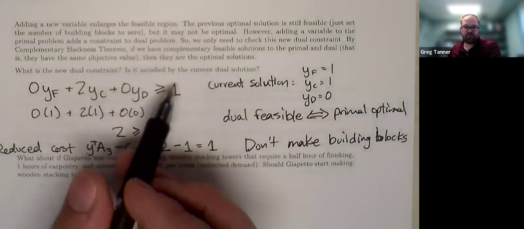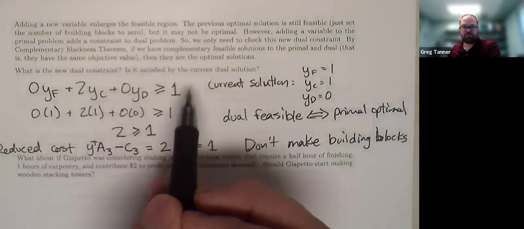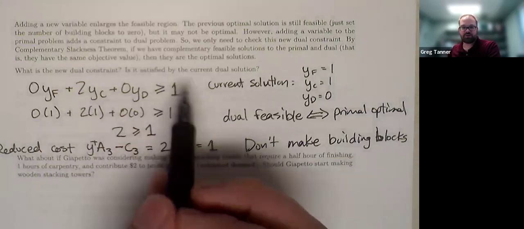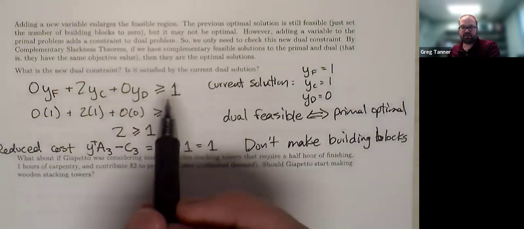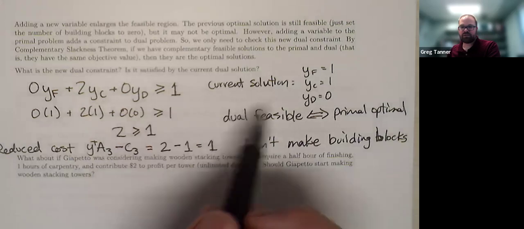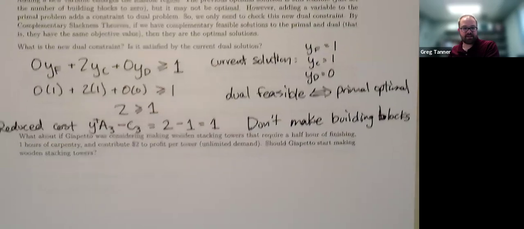If I were to charge enough so that I get more than $2 in profit, then this inequality would be violated. We would no longer be dual feasible, and then we would no longer be primal optimal, and it would mean that I'd want to start making some building blocks, but that's not the case.